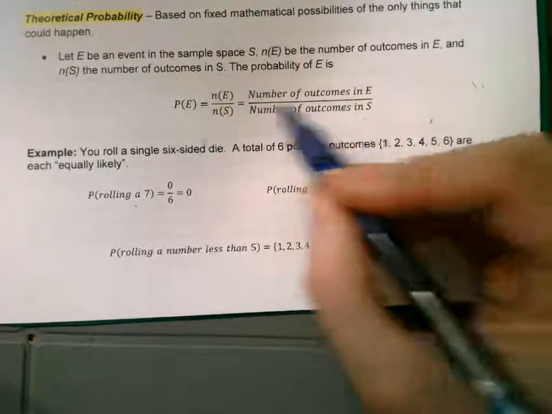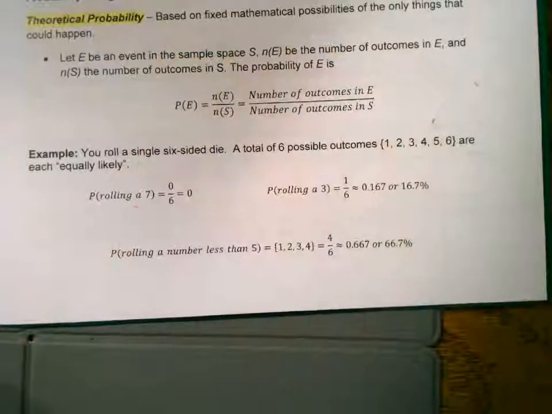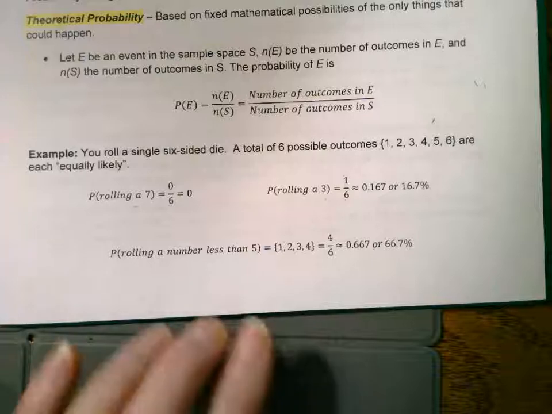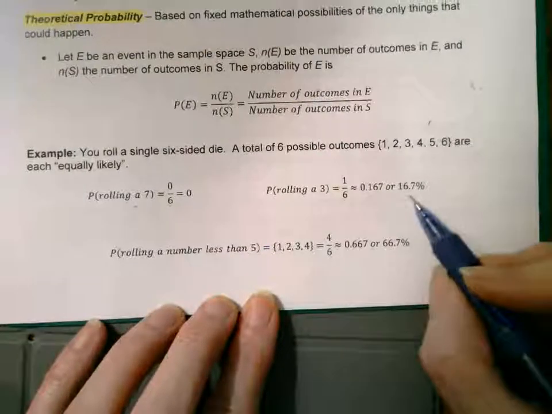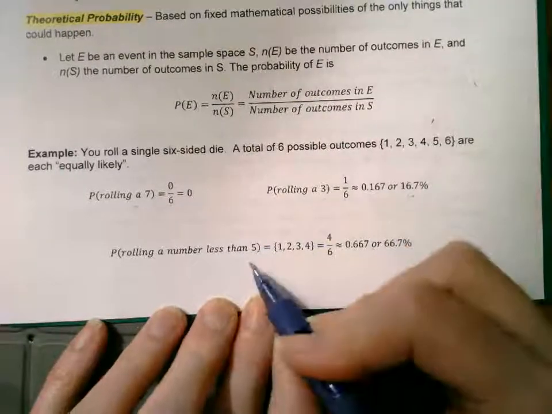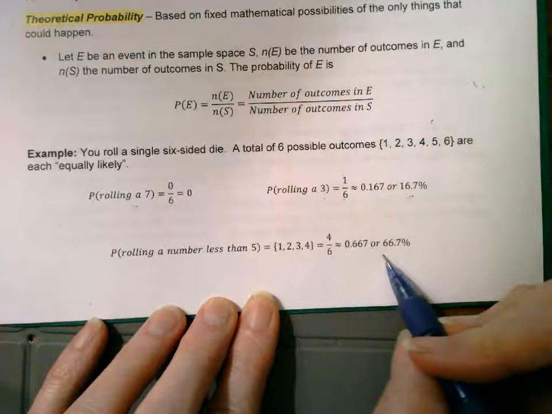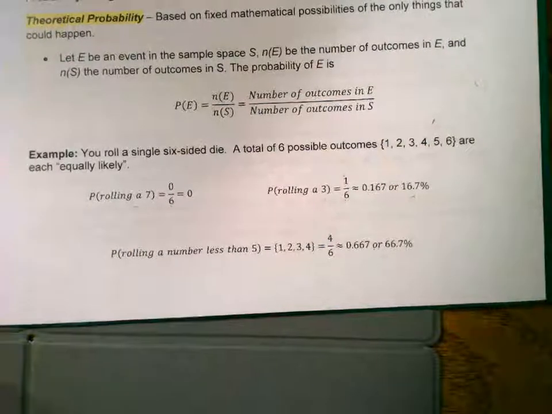We're just going to go ahead and call this a theoretical probability, because it's based on the mathematical probabilities of the only things that could happen. So we just did dice, we did a spinner and coins. These are theoretical probabilities. Rolling a 3, rolling a number less than 5. Okay, we'll do the other kind on the next.